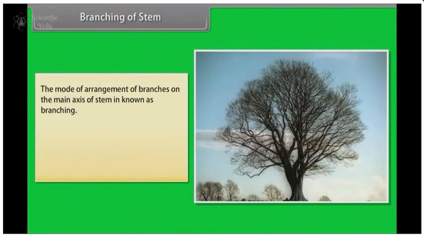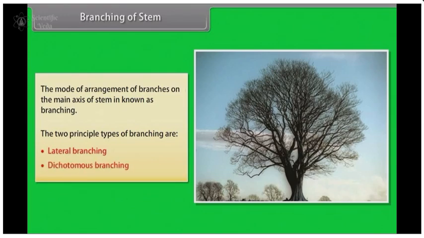Branching of stem. The mode of arrangement of branches on the main axis of stem is known as branching. The two principal types of branching are lateral branching and dichotomous branching. Lateral branching.